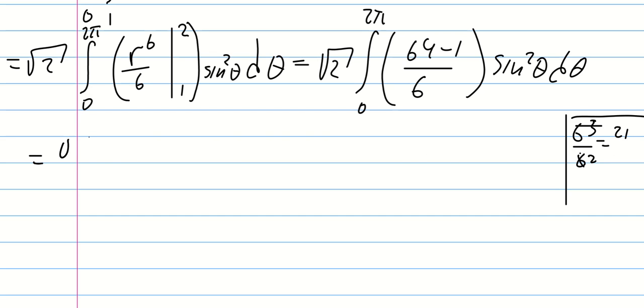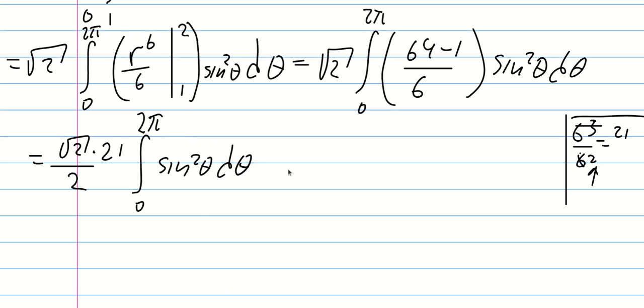Alright, so we get square root of 2 divided by 2, and then 21 in the numerator. So we put this outside of the integral, and the integral goes from 0 to 2 pi of sine squared of theta d theta. And again, we've done this integral a couple of times.